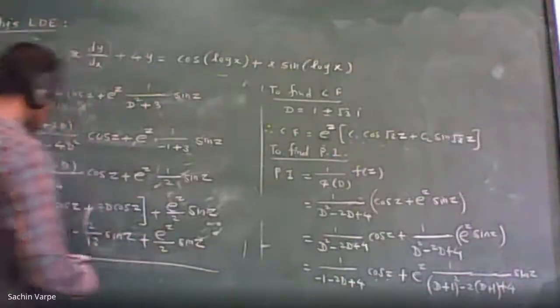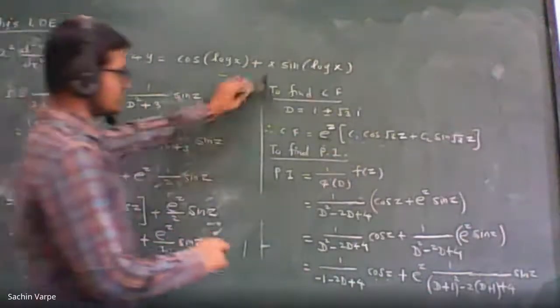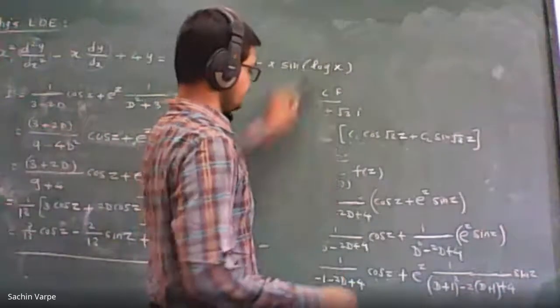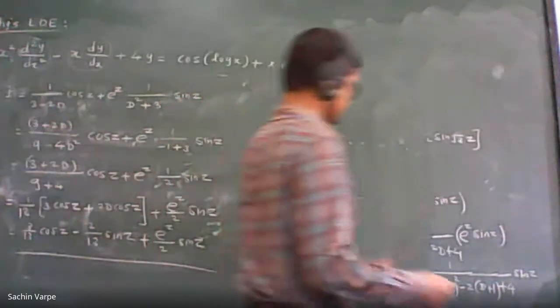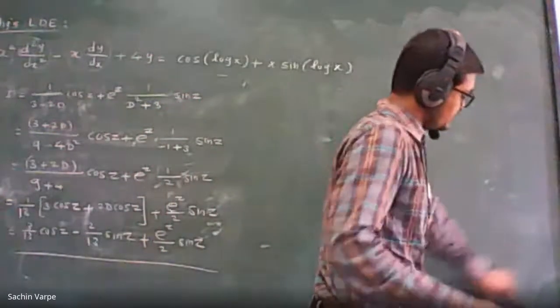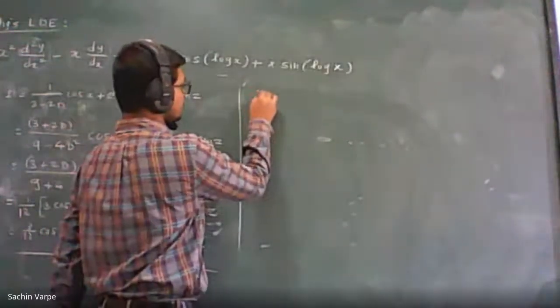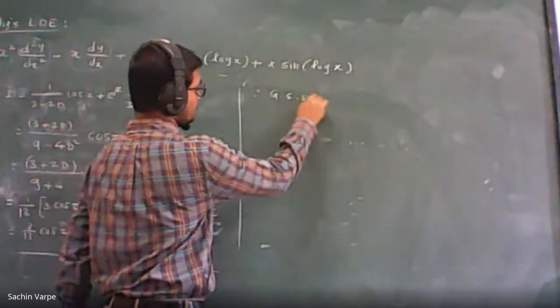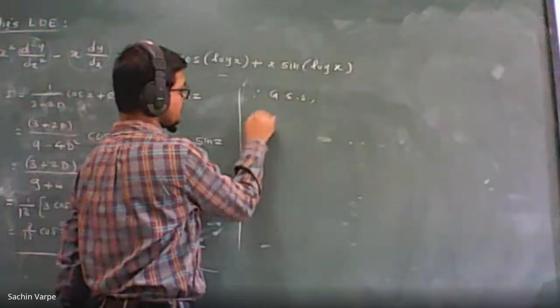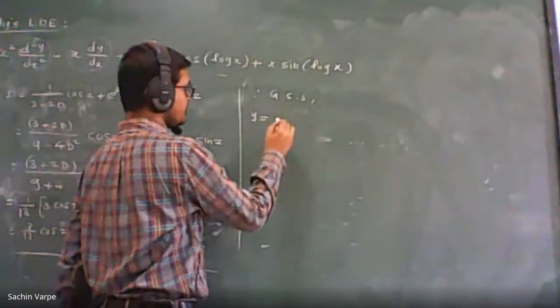Therefore, with this PI, what is the general solution? General solution is CF plus PI. So what will happen? Therefore, general solution is y is equal to CF. What is CF?